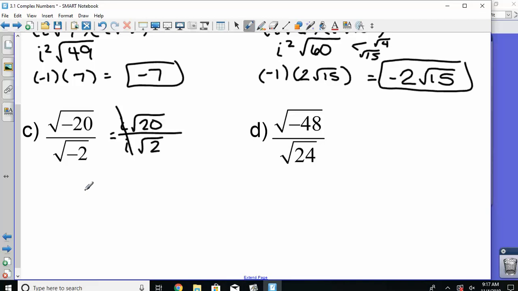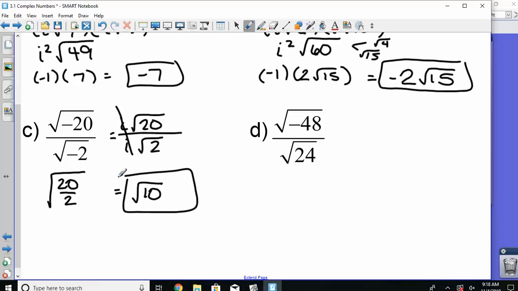Okay. You can't leave a radical on the denominator. So we could multiply top and bottom by radical 2 and simplify. But another trick I'm going to show you, if both the top and the bottom are under a radical, you could think of that as under one big radical. What is 20 divided by 2? So this is the square root of 10. Can you reduce the square root of 10? No, so that's our final answer.